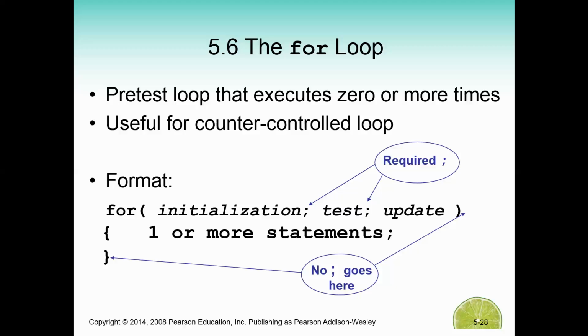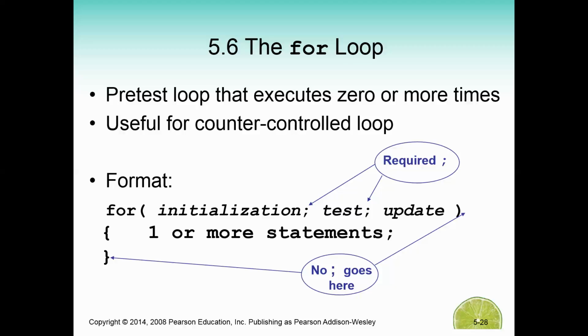Okay, we're going to start with another type of test that is going to bundle three instructions in one. It's a for test. This test is a pre-test, so that means it's going to check before it goes into the segment of the loop. This can execute none, just like the while, or one or more times, depending on the result.